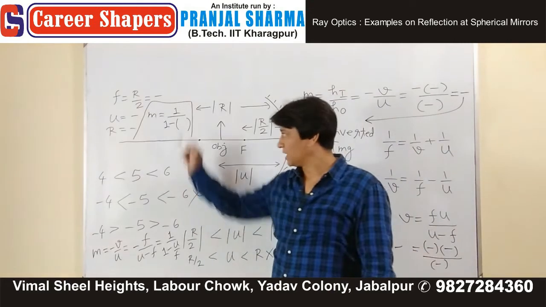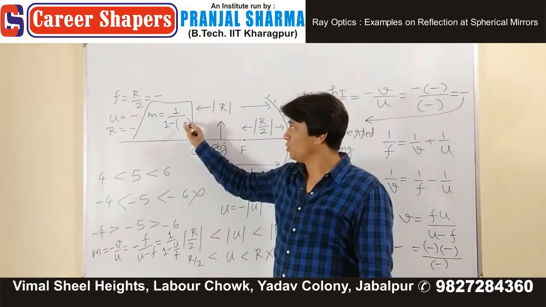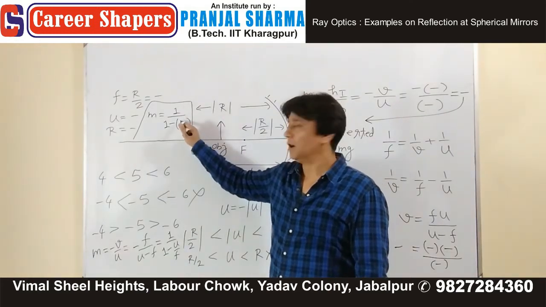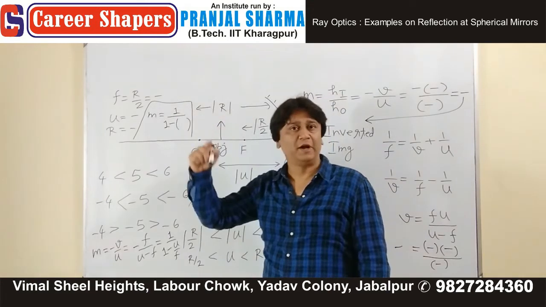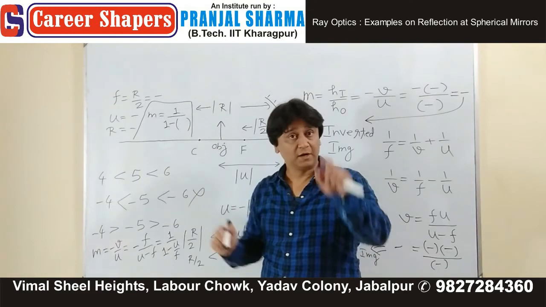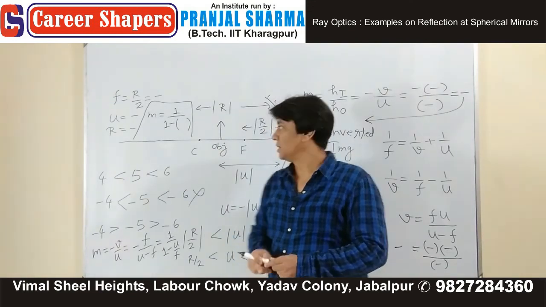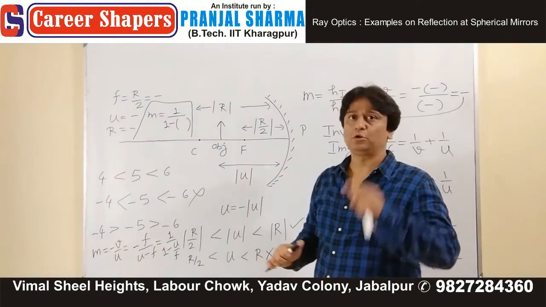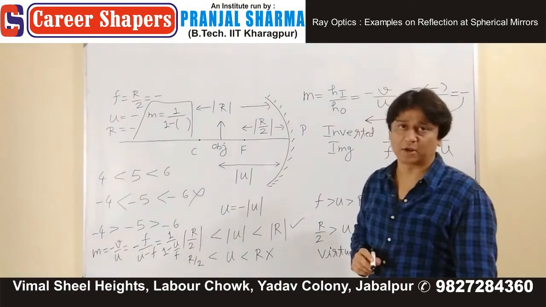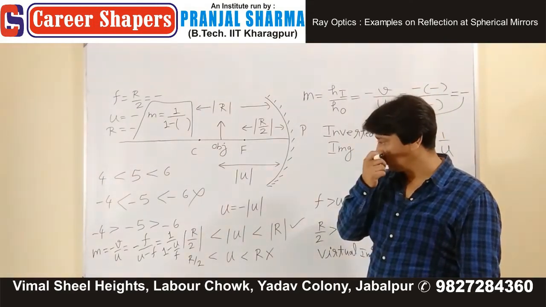So if you go for the ratio of u upon f, what you get is something like 1.1, 1.3, 1.5. But it cannot be 2.1, 2.2, 2.3 type of thing. Why can it not be 2.2 or 2.23?